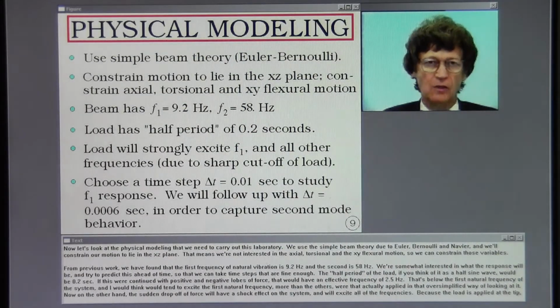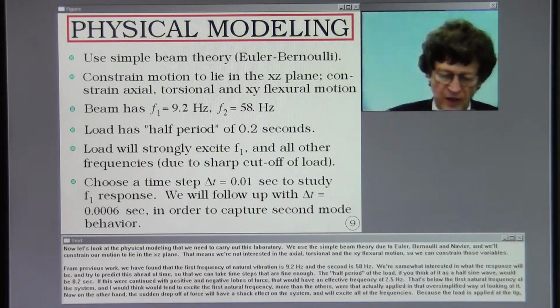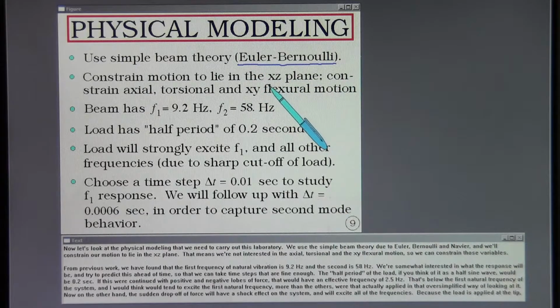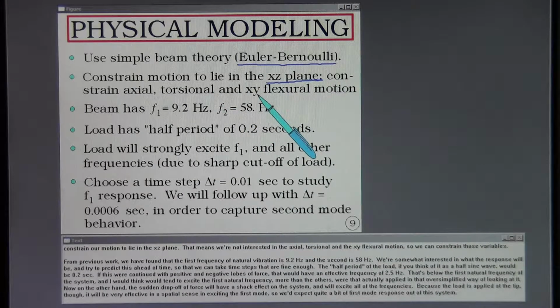Now let's look at the physical modeling that we need to carry out this laboratory. We'll use the simple beam theory due to Euler-Bernoulli and Navier, and we'll constrain our motion to lie in the XZ plane. That means we're not interested in the axial, torsional, and the XY flexural motion, so we can constrain those variables.